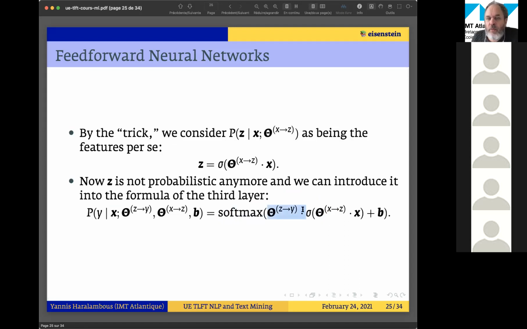So it's the first one times sigma, the second one times sigma, the first one plus B. And this is now the probabilistic model of the complete neural network. And now all we need to do, as we say in French, yaka, is to calculate the parameters, the thetas, the many thetas, and the B's.